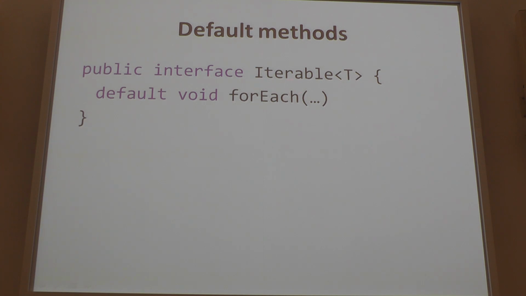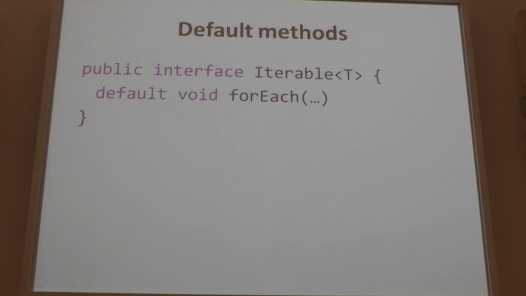It is not shown here. But now in Java 8, it has a second method that is called forEach, and it takes a function that gets invoked on every element of the Iterable.